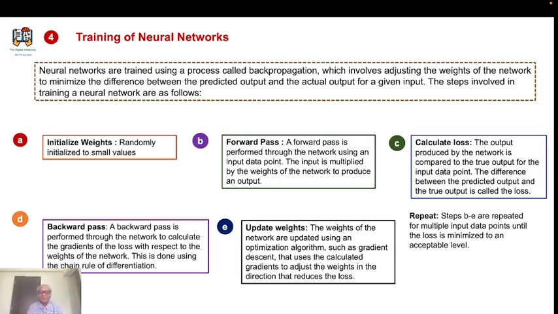Now, I introduced the concept of the gradient, and gradient basically refers to the rate of change of a function, an input or an output, with respect to its parameters. In the case of a neural network, the gradient represents the direction of the steepest ascent of the error function, or where the error, which is the difference between the actual output and the predicted output, is the highest.